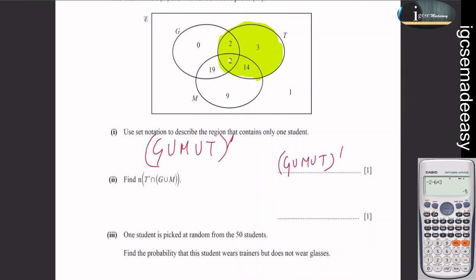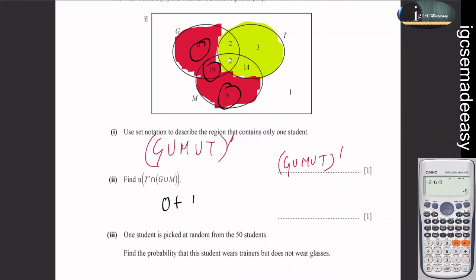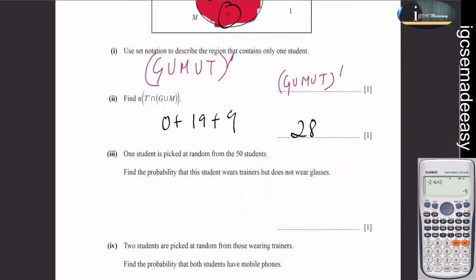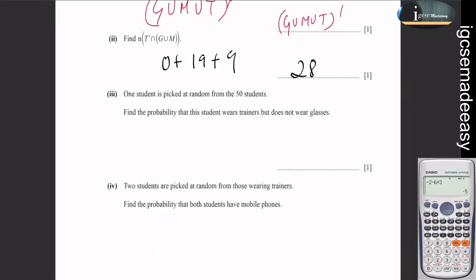Now G union M means we have to include all the parts of G and M, but we have to exclude the green part also. So what all numbers are included here? The numbers included are 0, 0, 9 and 19 and 9. So they have asked for the number, that's why we have to add it. 0 plus 19 plus 9. So 19 plus 9 is 28. So total 28 numbers are there in this.